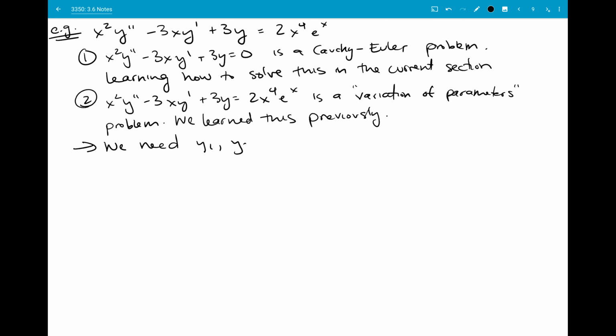But we need y1, y2 from step 1 to solve for y sub p in step 2.